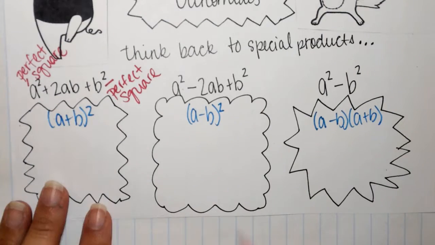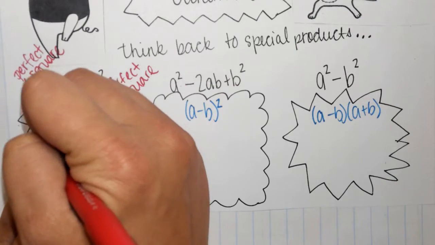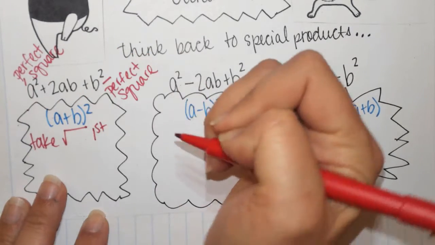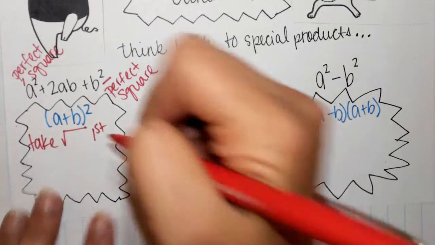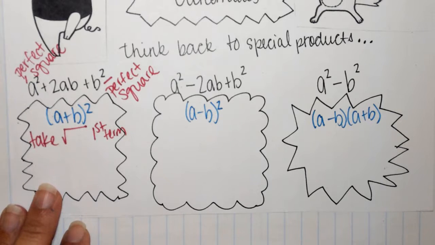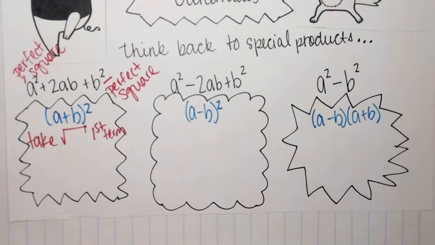Alright, so how you solve them is you start by taking the square root of the first term, if it's a perfect square. Now, you can only use that if it's a perfect square. So, if I had x squared plus 2x plus 3, is 3 a perfect square?